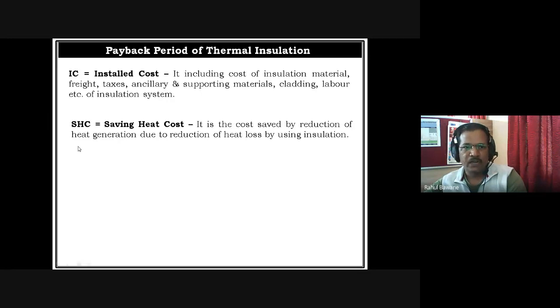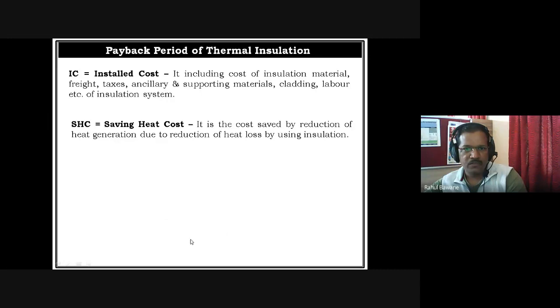If we require less heat generation, we require to burn less fuel. It might be coal, it might be gaseous, it might be any liquid fuel. So ultimately it is going to save the cost of fuel. Okay, so that is called the saving heat cost.